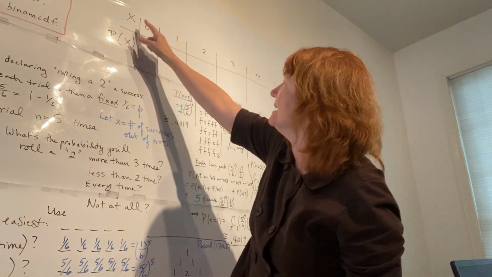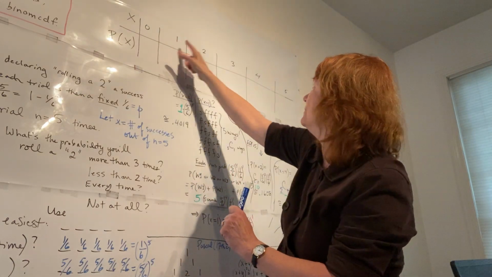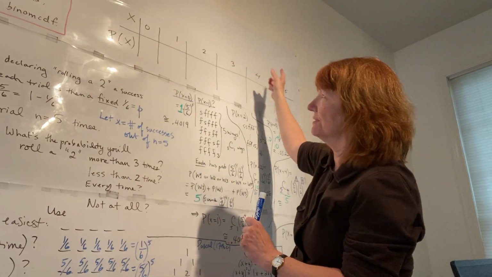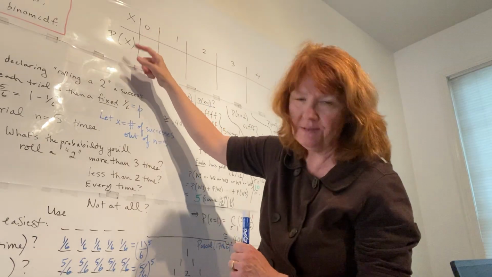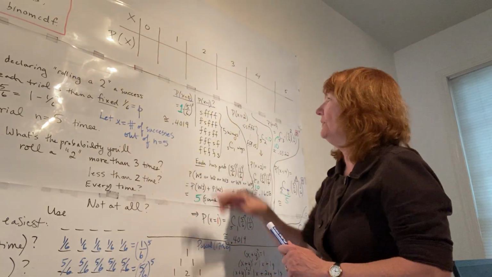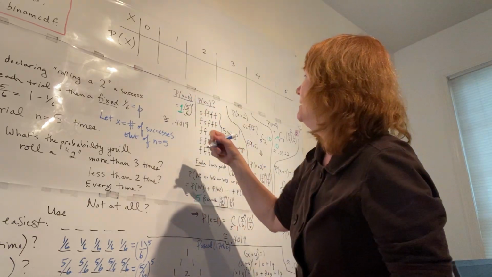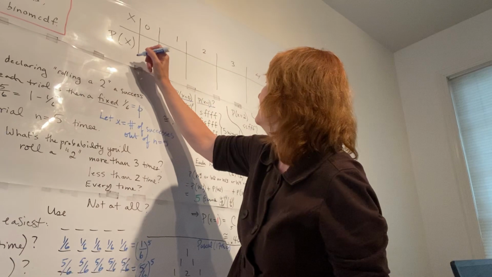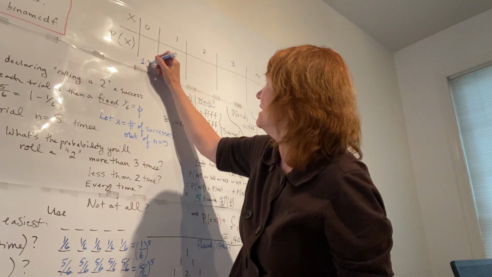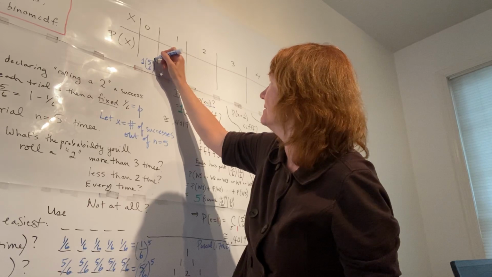So if we take the number of successes out of 5, 0, 1, 2, 3, 4, 5, because you can have 0 successes, the probability of each of them. Probability of 0 successes, well, that was 1 times 5/6 raised to the 5th power.